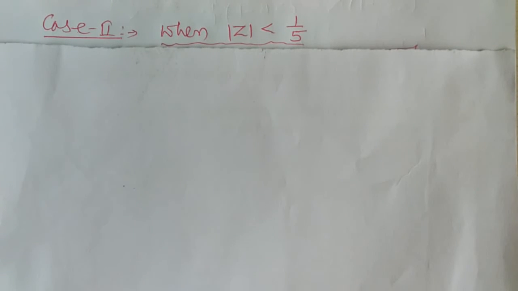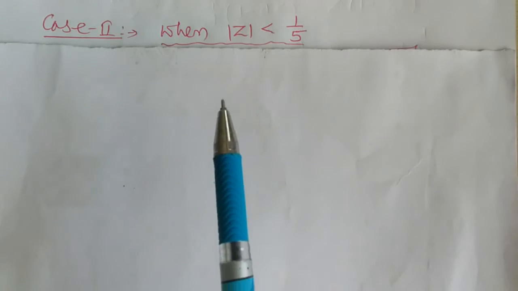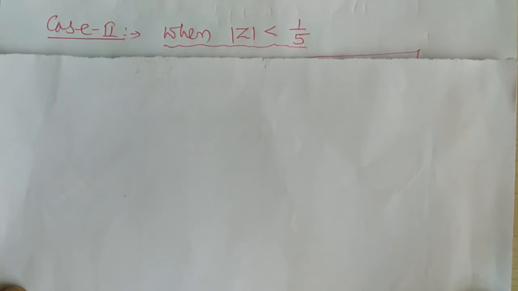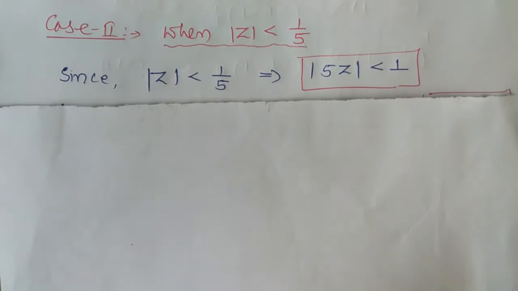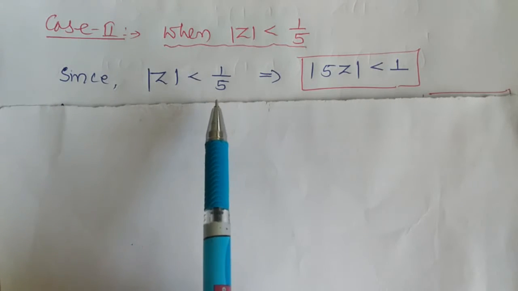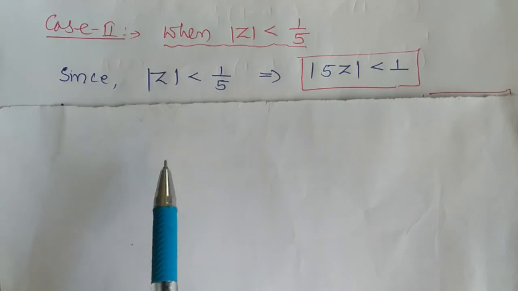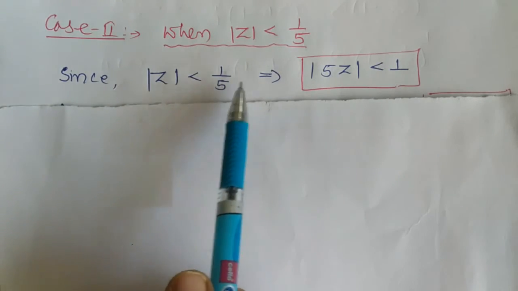Now the second case is when mod z is less than 1 by 5. So we are given mod z is less than 1 by 5. This implies mod 5z is less than 1.